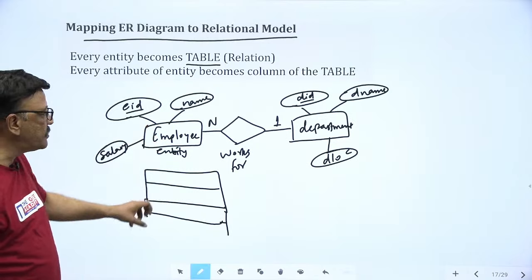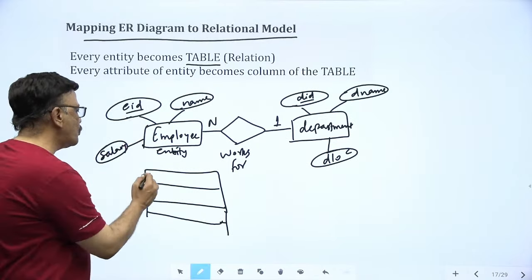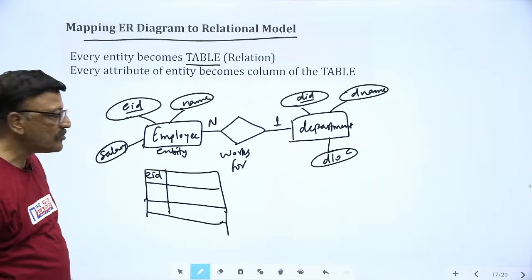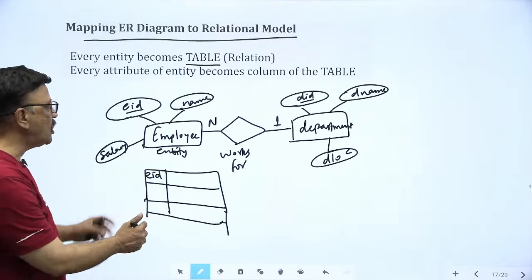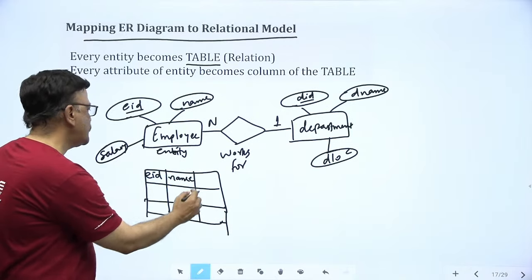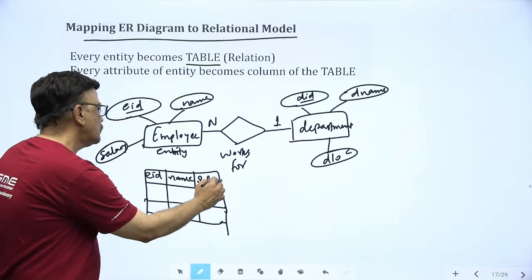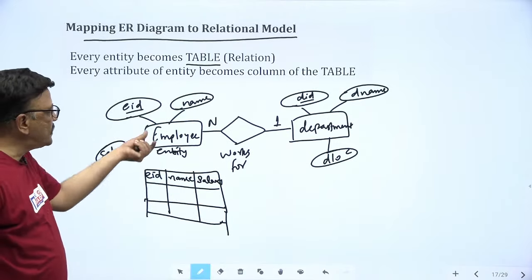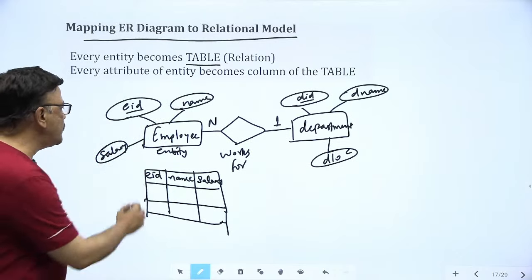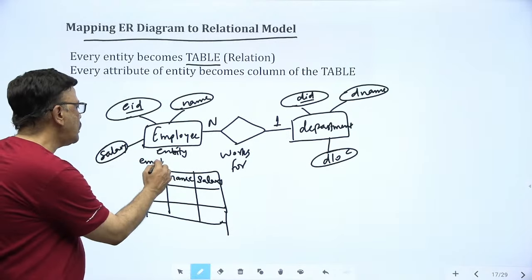This entity becomes a table, and the attributes become column names. So this table has rows and columns, and here we have attributes name and salary. You can easily see that the entity has got transformed into a table, and this table will be called the employee table.